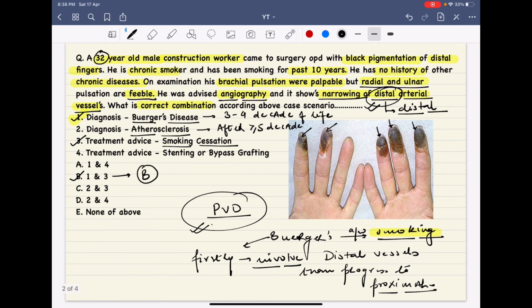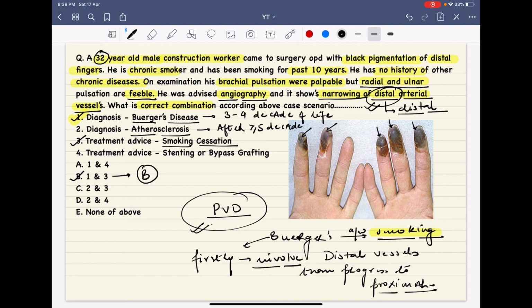So I am sure that you have understood this question, and the ultimate aim is that you have to remember there is a difference between Buerger's disease and atherosclerosis clinically and also in the theoretical examination, and they will try to give you this type of scenario.